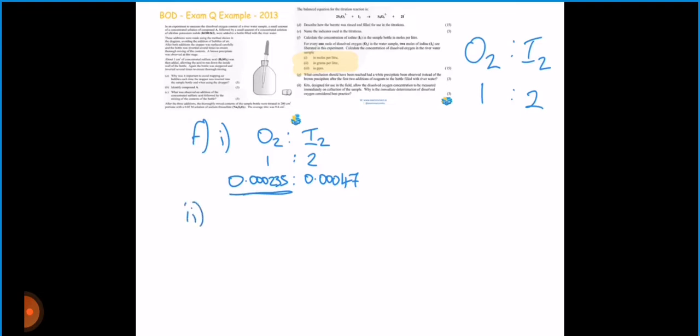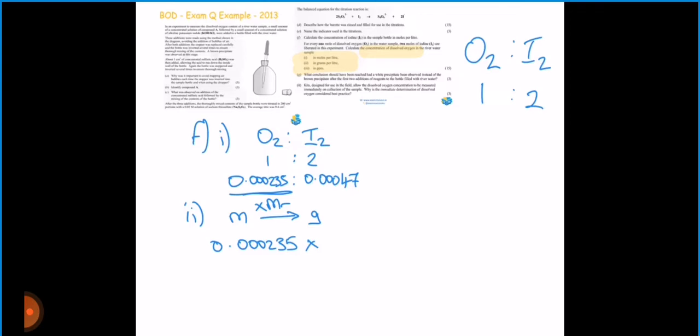Part 2 asks you to find that then in grams per litre. So we know to go from moles to grams you must multiply by the molecular mass. So you do your 0.000235 and you're multiplying here by the molecular mass of the oxygen, because it's asking you in the question specifically to calculate the concentration of the dissolved oxygen.